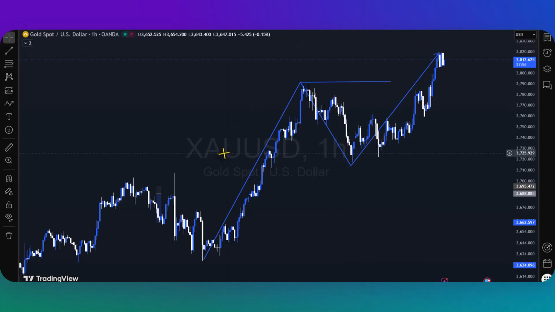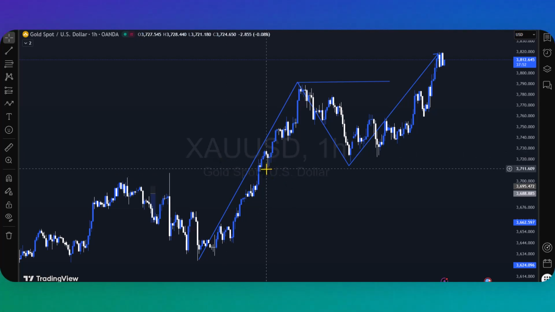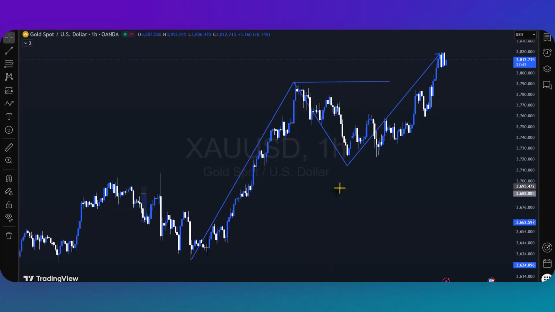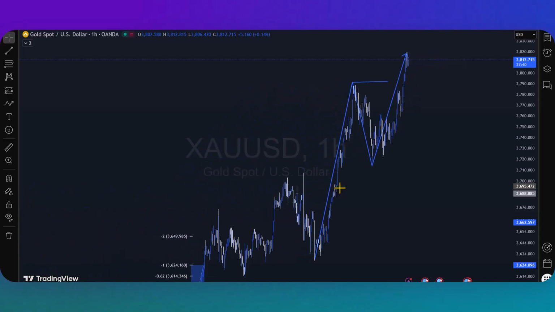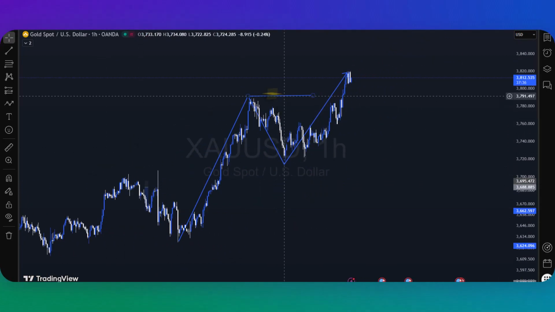For a support level to be valid, some say that you need 3 point touches. But I say you don't necessarily need 3 touches. You only need 3 touches when you want to do some flipping and stuff like that. But normally, this level right here is a resistance level and this level is a support level.